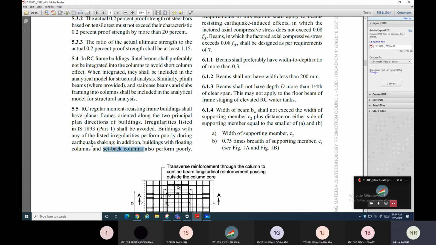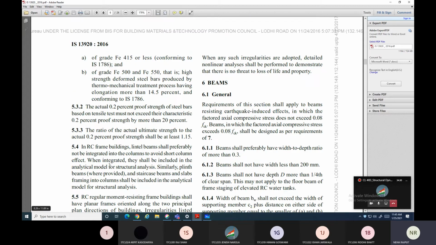And setback columns means a column which has higher width at the bottom and lower at the top, or higher at the top and lower at the bottom. So this is called a setback column. All these will not perform well during earthquake force. So this is called irregularity, or some element which is not suitable from the earthquake point of view. This part you will see in your theory part.